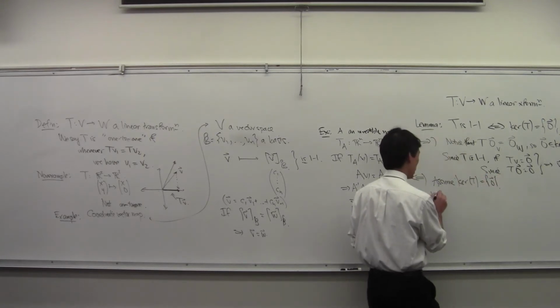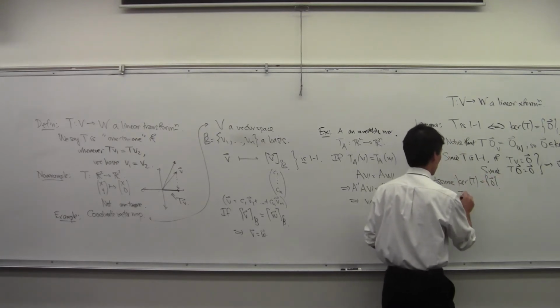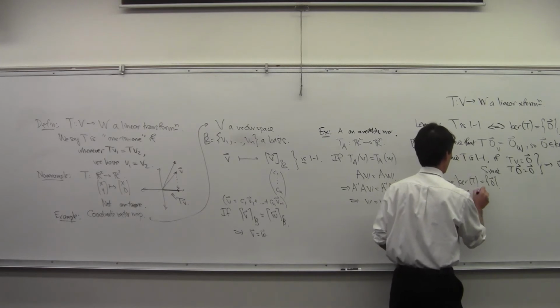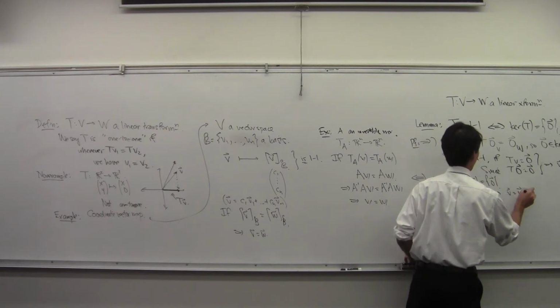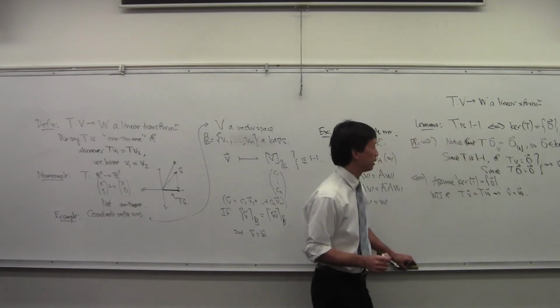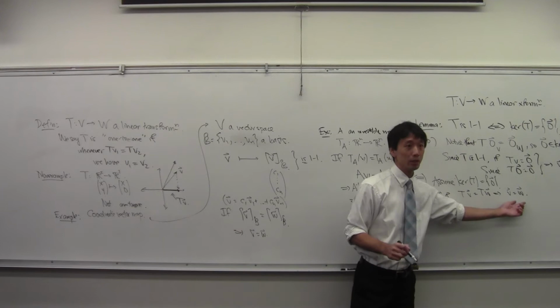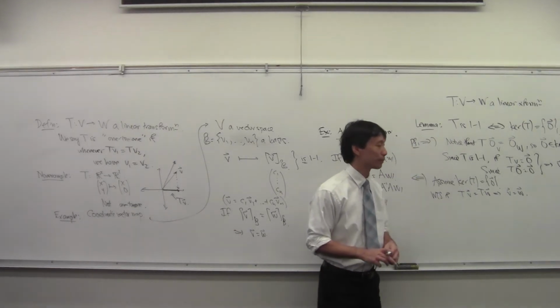And we want to show that if T of V equals T of W, then V and W must be the same.